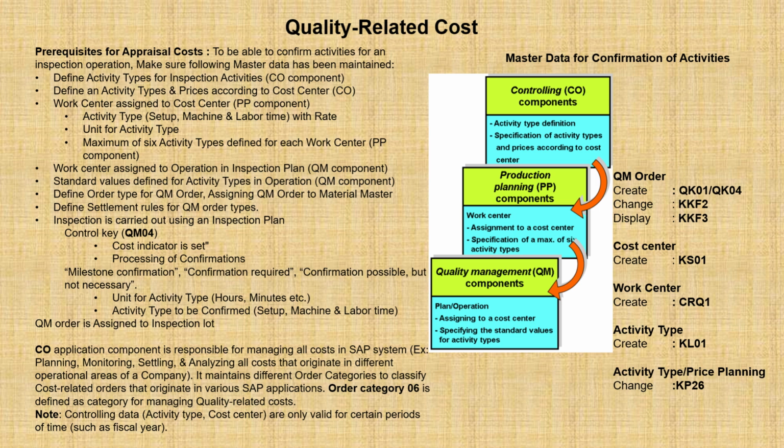Once you assign this work center to the inspection plan, which is a task list, automatically whatever data we have maintained in the work center will be populated in the inspection plan, which will now have the activities which are involved and what will be the cost for those activities. The control key should be QM04. We have the indicator for the cost calculation part. We need to create a QM order also.